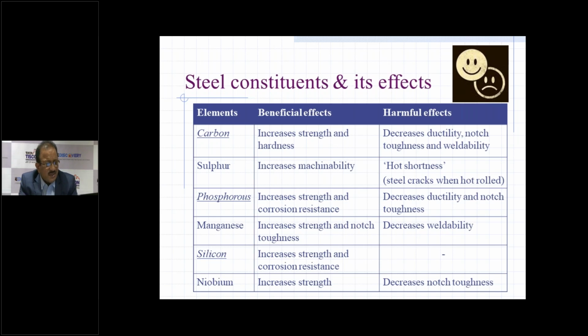Now we will discuss something about the constituents of the steel and their effects. There are, I can say, more than 10 to 12 constituents in the steel, but we have to consider two important properties which these constituents should give to the steel.